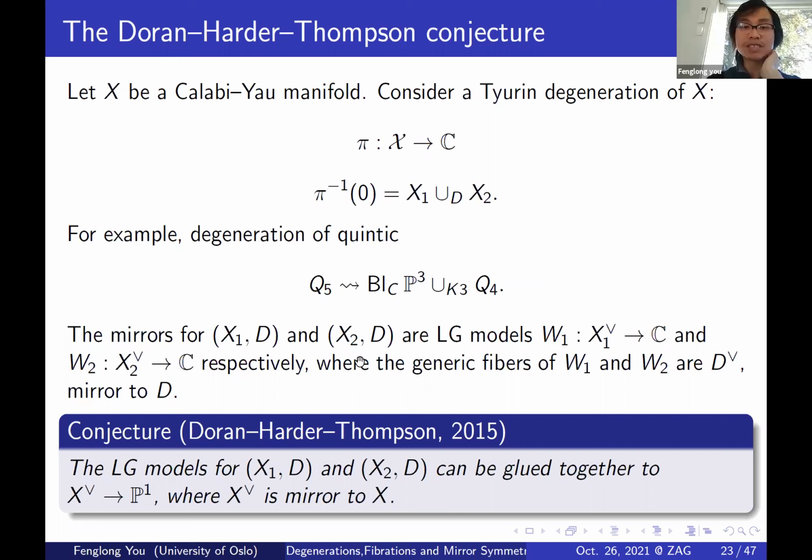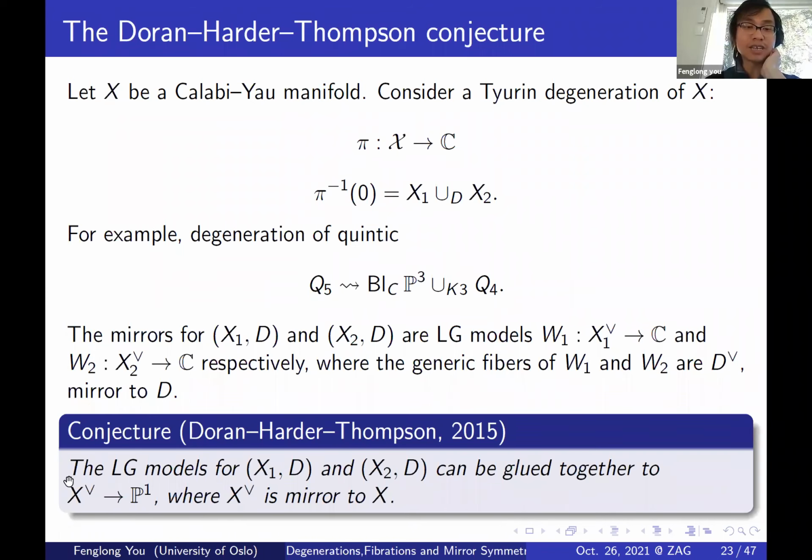We have W1 and W2 as superpotentials, and the generic fibers of W1 and W2 are mirrored to the same Calabi-Yau D. And the conjecture by Doran, Harder, Thompson is that the Landau-Ginzburg models of these two pairs can be glued to the mirror of that original Calabi-Yau.